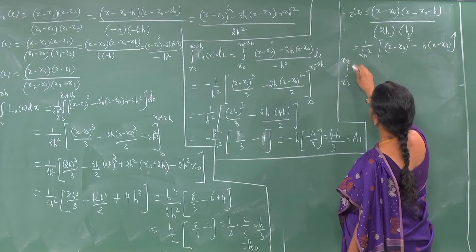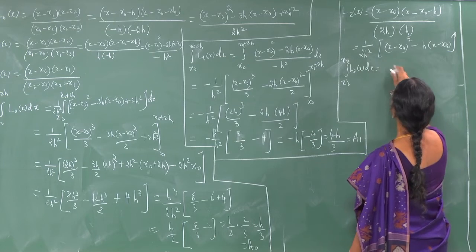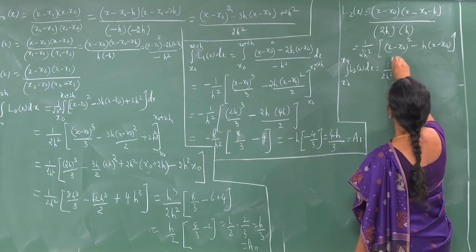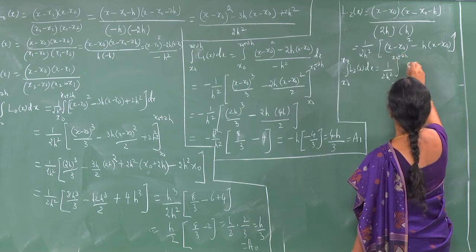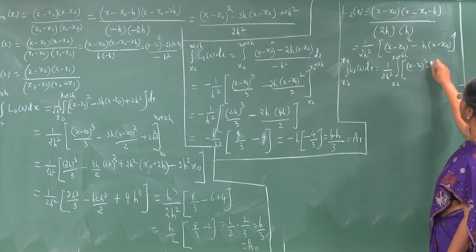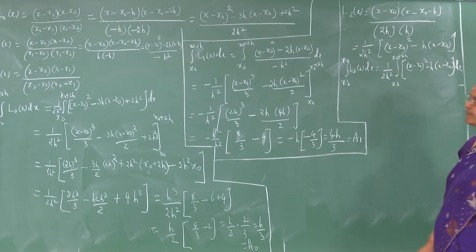So, the integral from x0 to x2 of L2 of x dx will be 1 by 2h square times the integral from x0 to x0 plus 2h of (x minus x0) the whole square minus h into (x minus x0), integrated with respect to x.